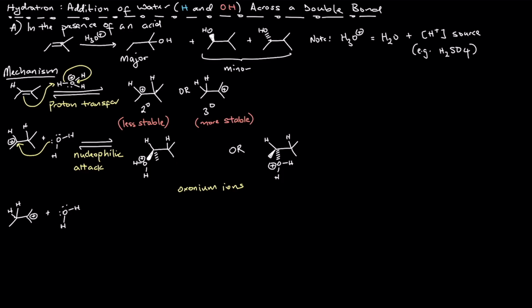And now another water molecule can come in and act as a base, deprotonating your product. What I've shown you here is the proton transfer step that can occur in order to then get your deprotonated products. And here they are. Here are the two minor products of this particular reaction.